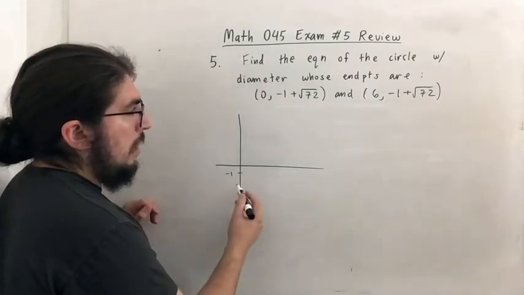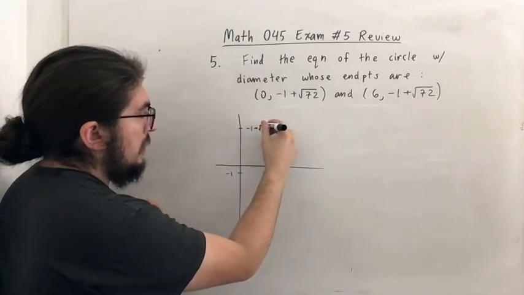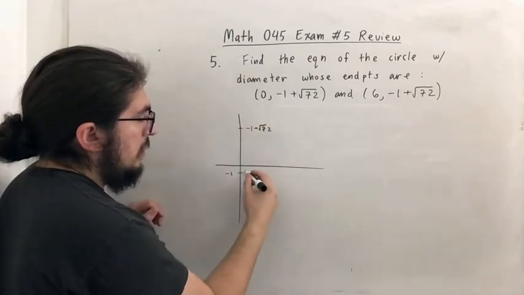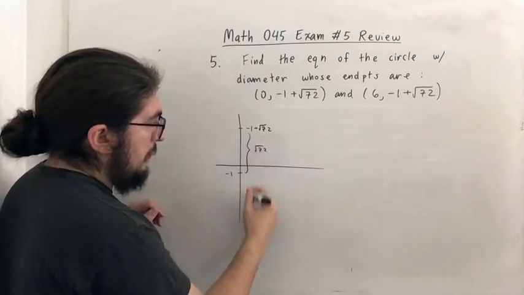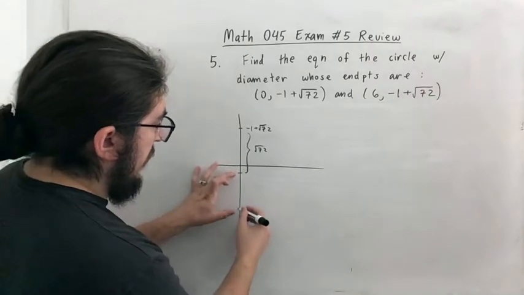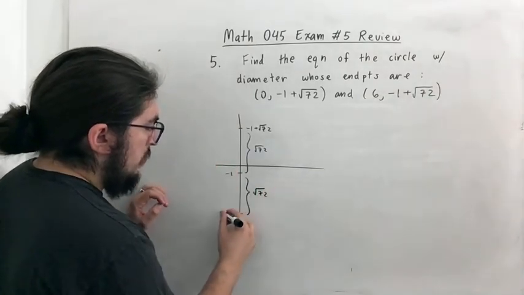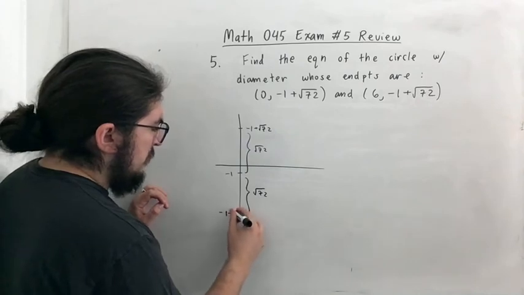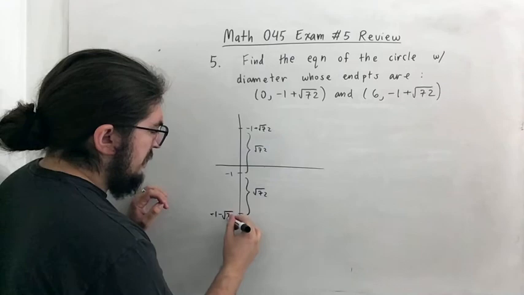So if you wanted to go up 8 point something, you get to negative 1 plus radical 72. But this is adding radical 72. If you go down by that same amount, and try to make this somewhat accurate, radical 72, then we get negative 1 minus radical 72, like that.